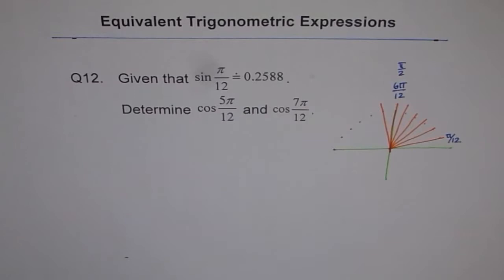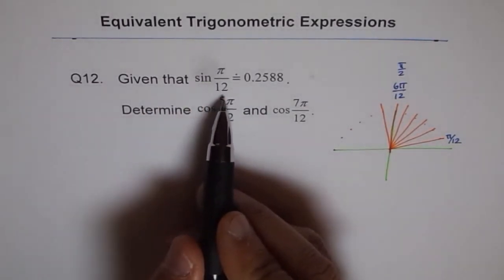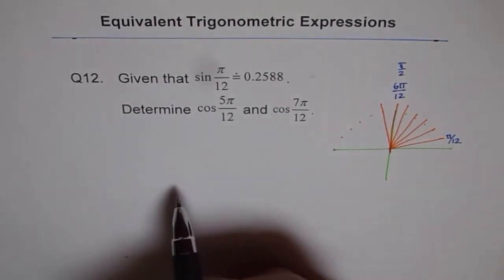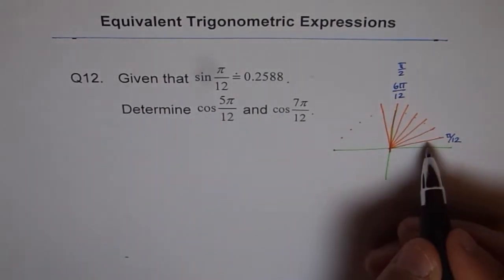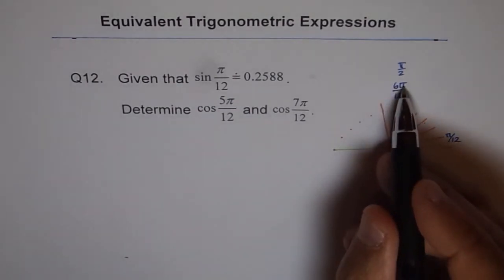Now, we know sine pi by 12 and we want to find cos 5 pi by 12. How are they related? Look here. 1 pi by 12 plus 5 pi by 12 will give me 6 pi by 12.